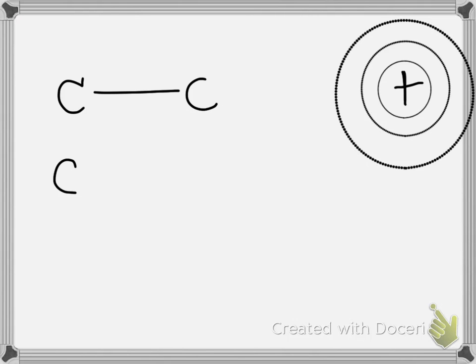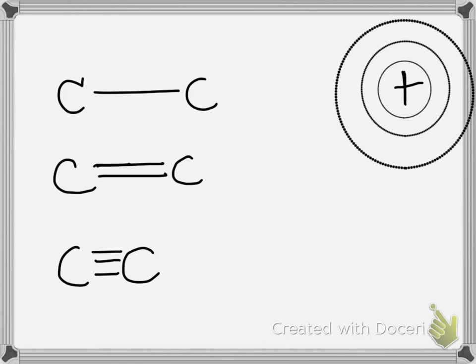Single bonds tend to be longer. Double bonds tend to be a little bit shorter. And triple bonds tend to be the shortest. Okay? They get smaller and tighter as you're sharing more electrons. They're held more tightly. There are different amounts of energy contained in those bonds.